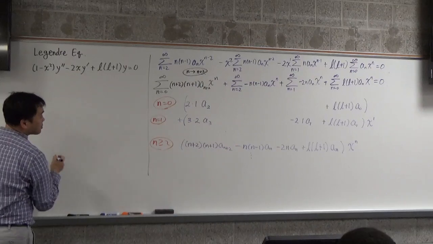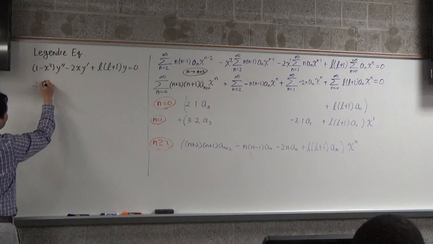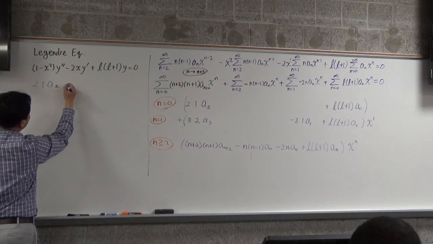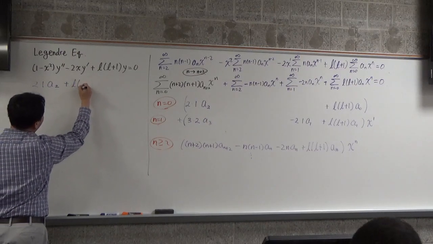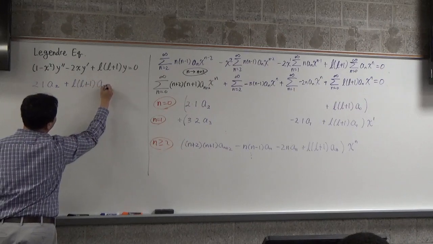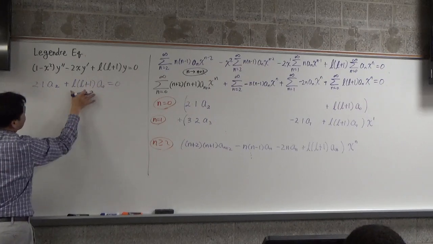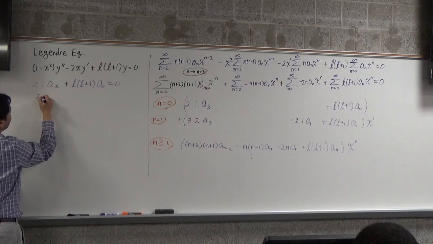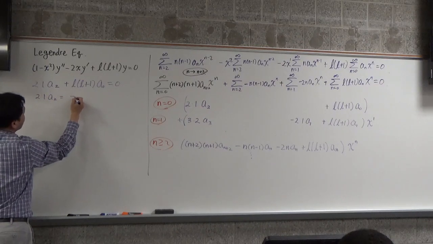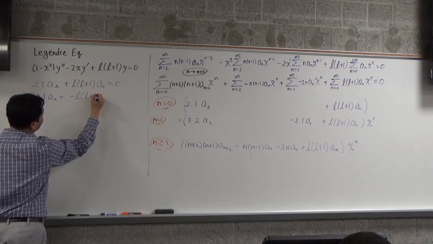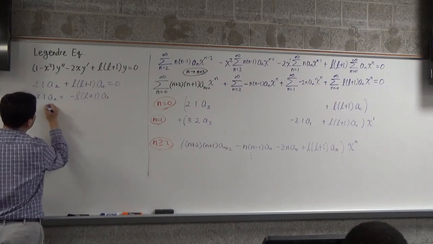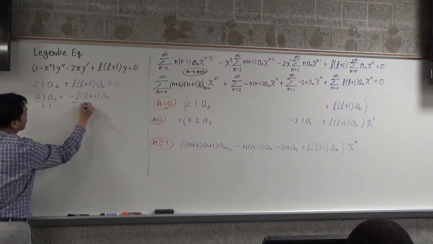So from the very first line, what do we have? We have 2 times 1 a2 plus l times l plus 1 a0 has to be 0. Subtract this to the other side, so you have 2 times 1 a2 equals negative l times l plus 1 a0, and then divide by 2 times 1.